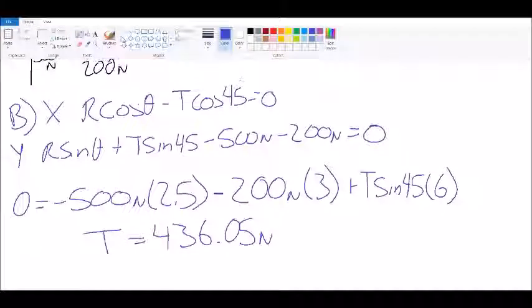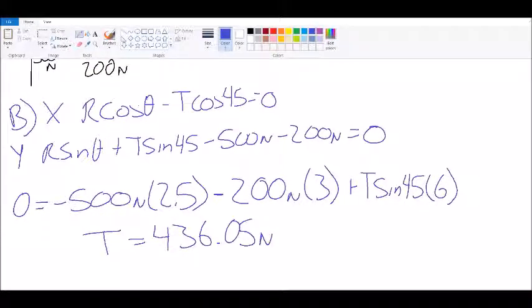So now that we solved for the tension in the cord, we're going to go on to part C, which is asking us to find the magnitude of the reaction force that the wall exerts on the beam itself.